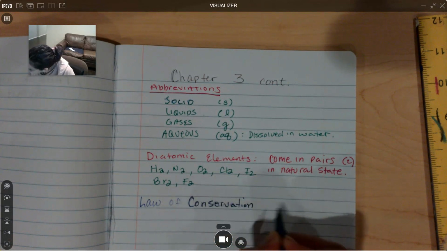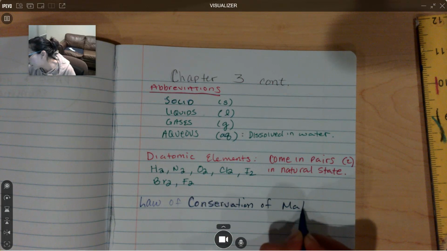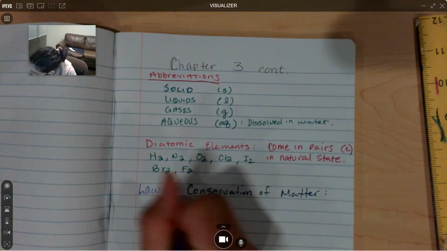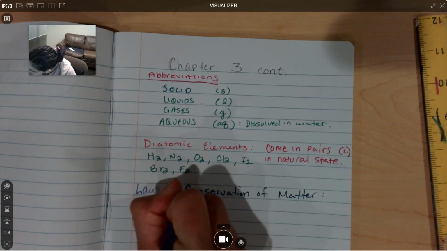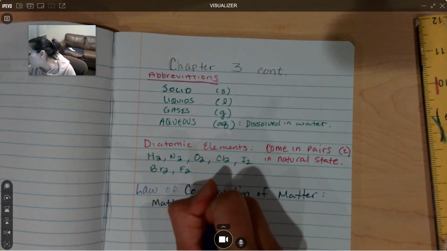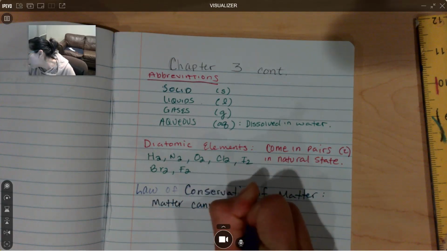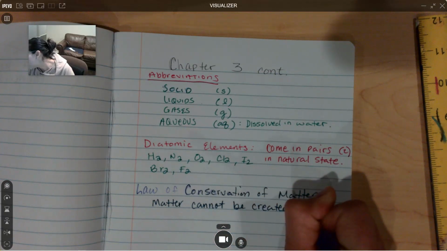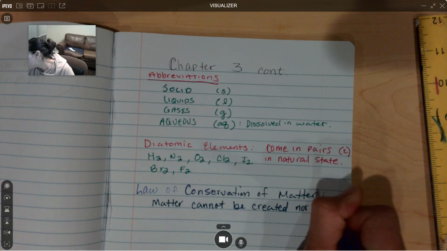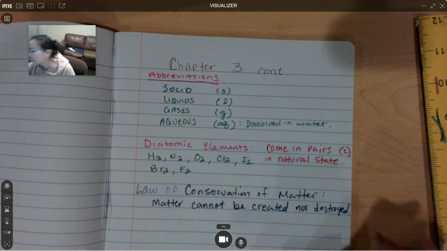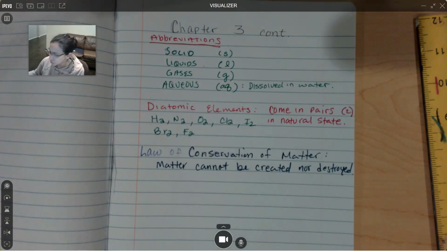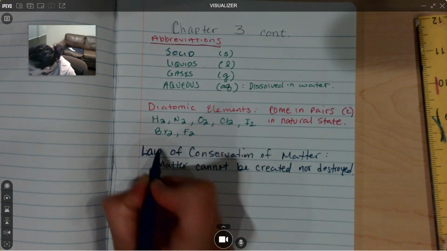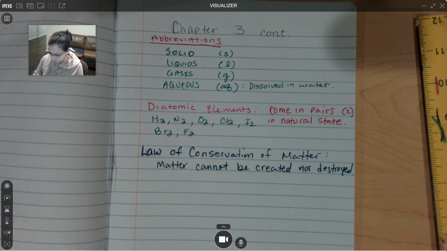This law basically states that matter cannot be created nor destroyed. So we cannot create nor destroy matter. Just make sure you guys can see that right now.